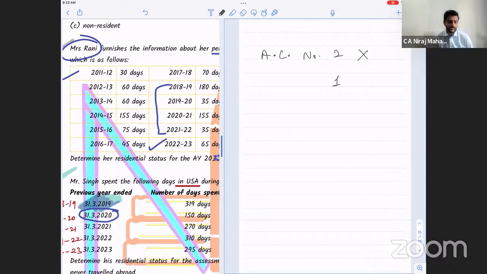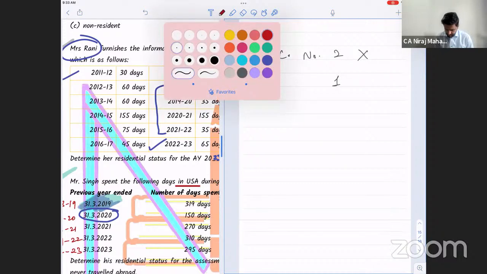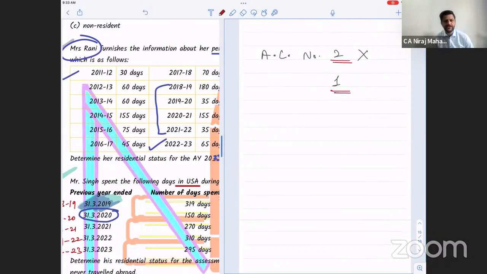No, because the answer becomes RNOR. And out of additional condition number 1 or 2, which is easier to check? Additional condition number 2 is easier to check because you just have to take the total of the last 7 years.